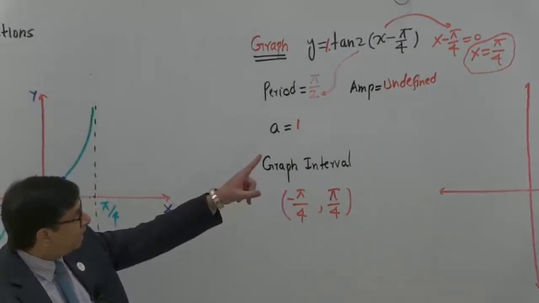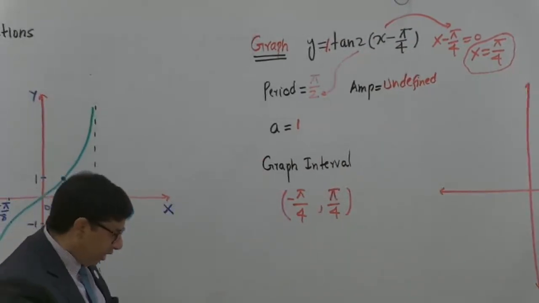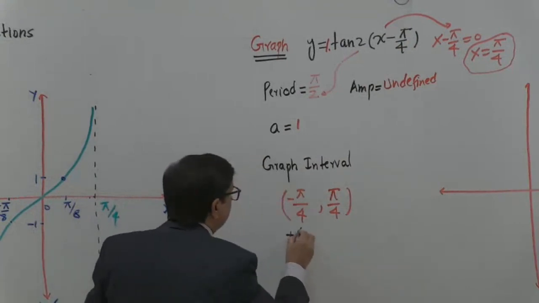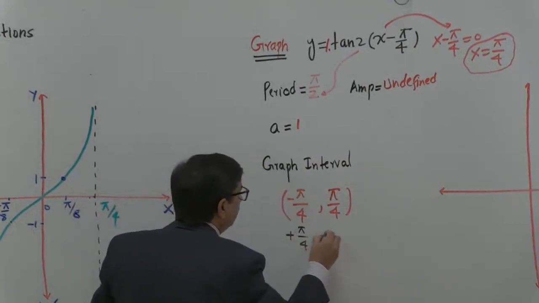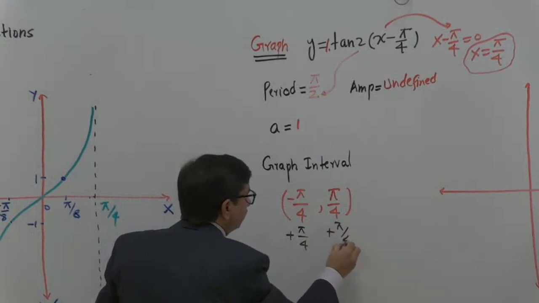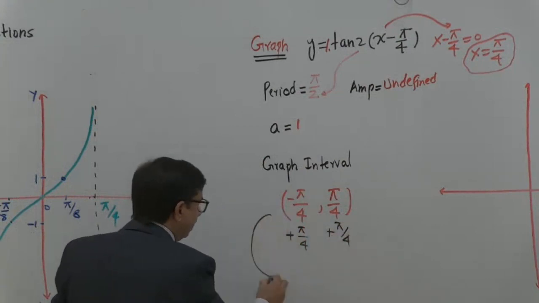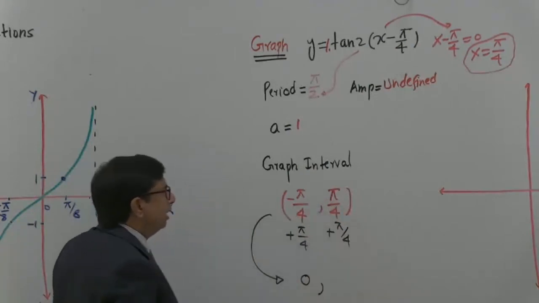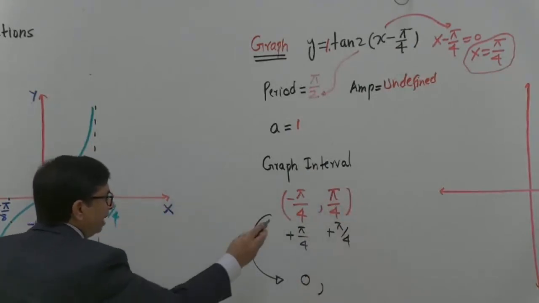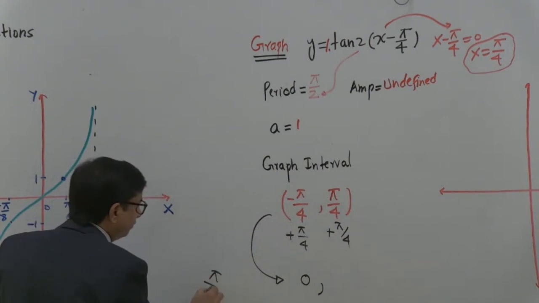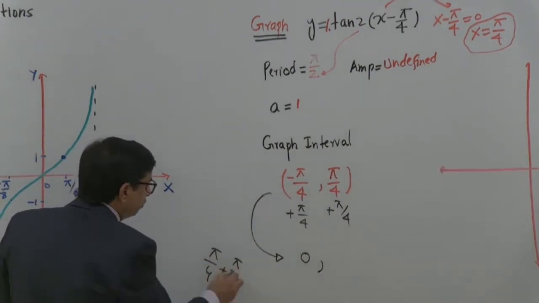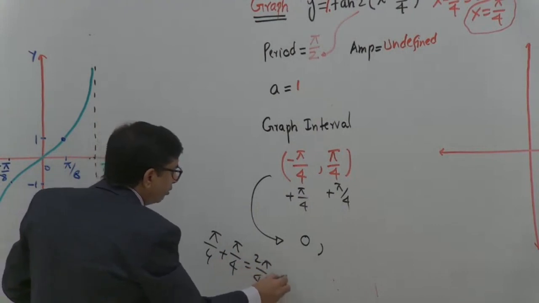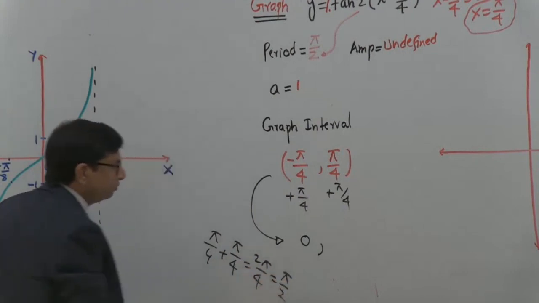With this phase shift, x is equal to pi over 4, we shall add over here, remember, add this one, pi over 4 plus pi over 4. Once you are adding, this gives you 0, and pi over 4 plus pi over 4 gives you 2 pi over 4, you calculate pi over 2.